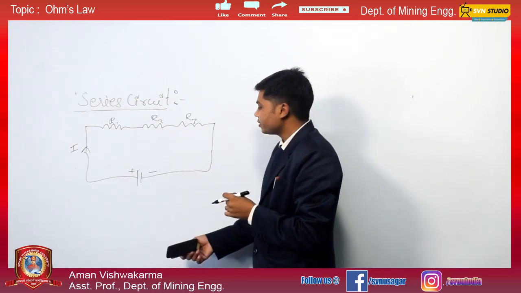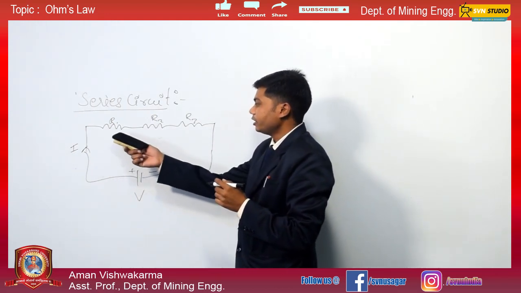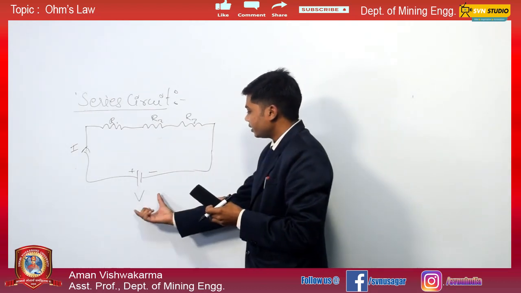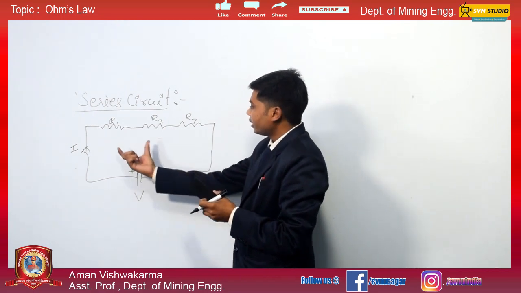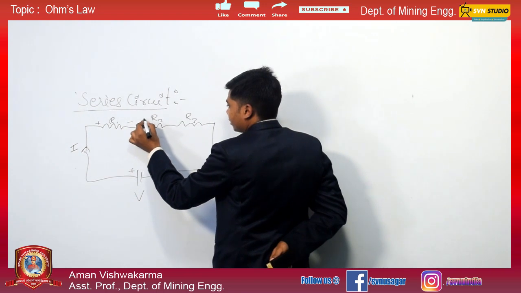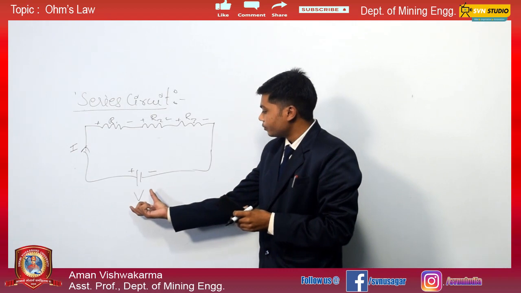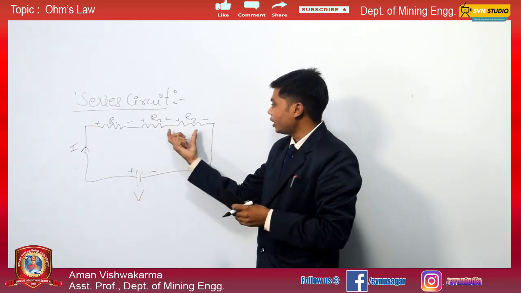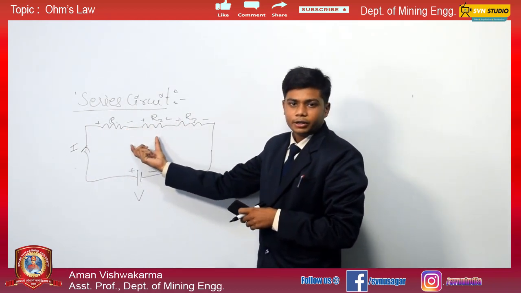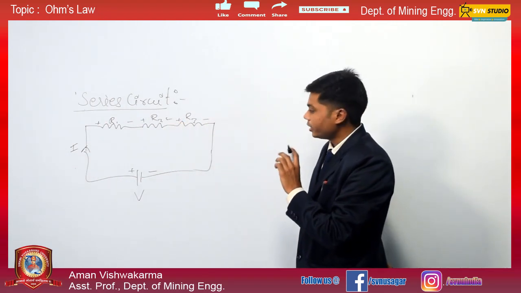Voltage V is applied and current I is flowing in R1, R2 and R3. Voltage V is dropping across R1, R2 and R3, so voltage V is divided among R1, R2, R3 in proportion to their resistances, and current I is the same in all the resistances.